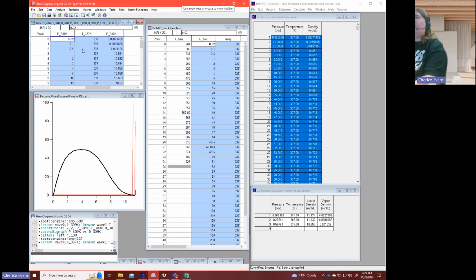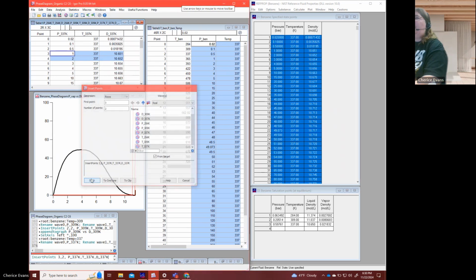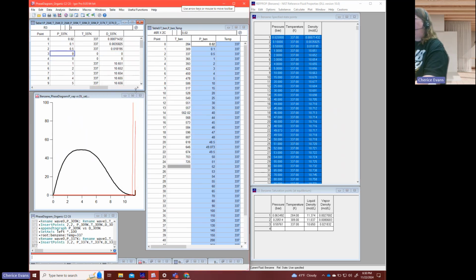Look for the place where my density changes. If you're curious and you're asking yourself, but you know, it's such a dramatic change. Yes, it is singular.